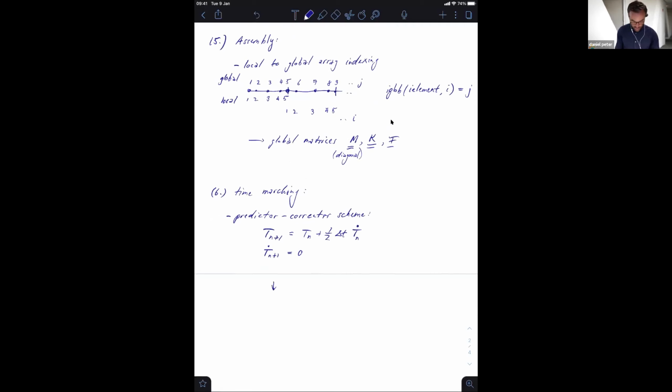Next step is we evaluate T n plus 1, the derivative of it. It's going to be this 1 over M times the right-hand side, which is the stiffness plus the force terms.